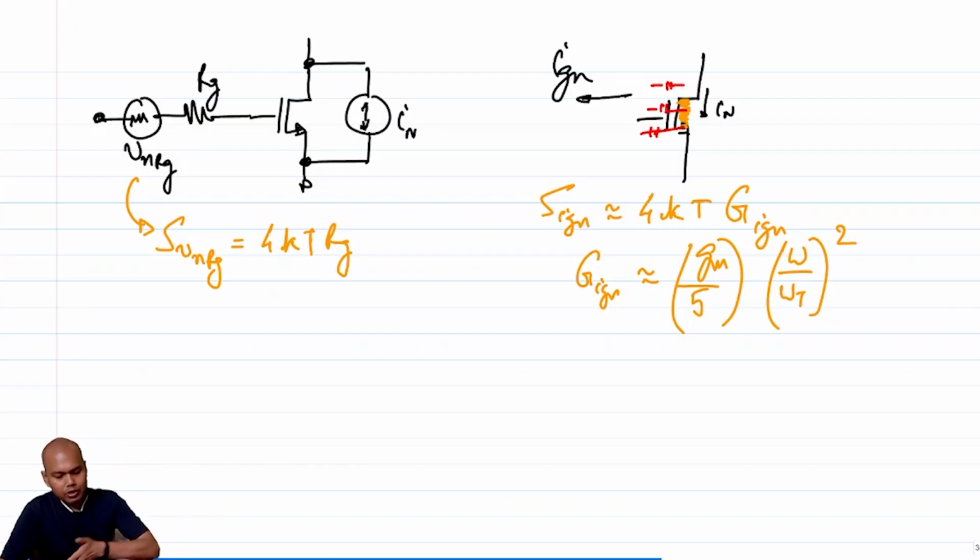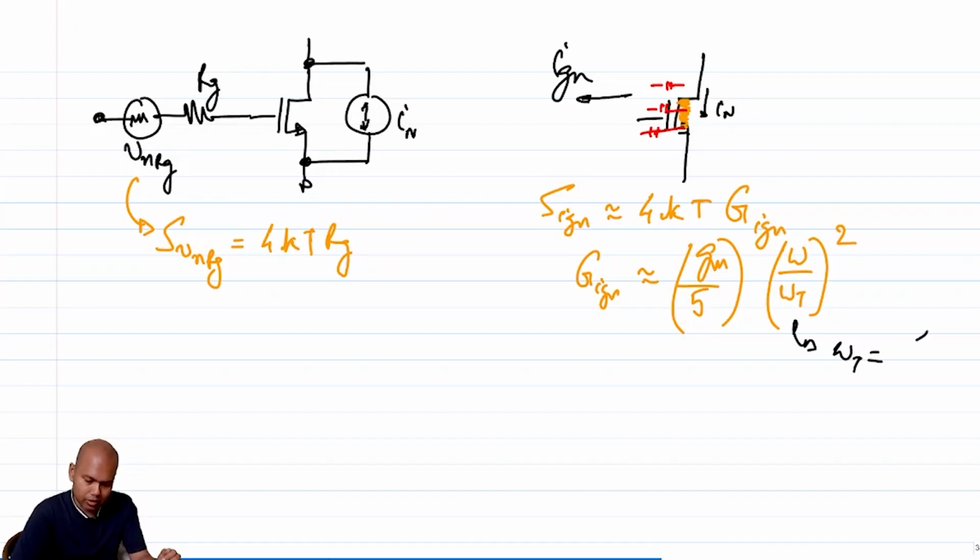And also we see that at very low frequency, at DC, the power spectral density of IGN essentially goes to 0, but at higher and higher frequencies it has a high pass shape. As omega increases, your power spectral density increases, and omega t is essentially Gm over CGS.